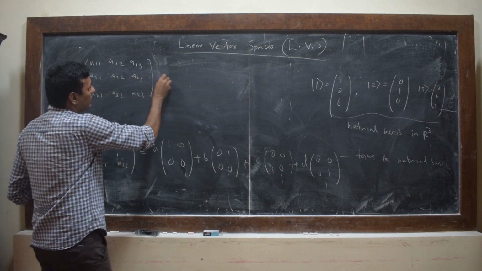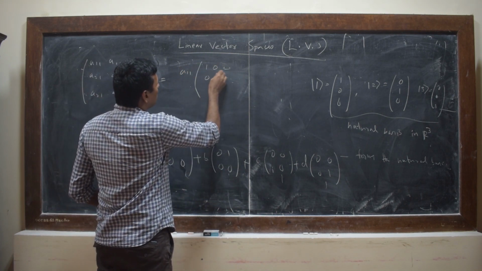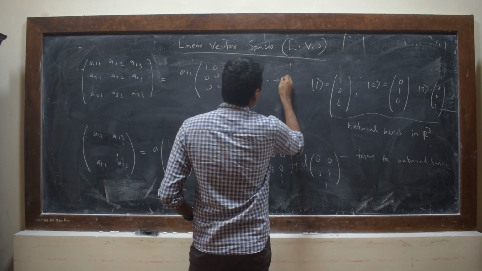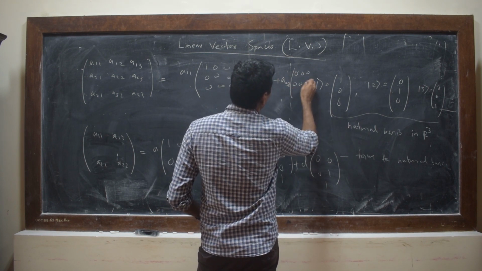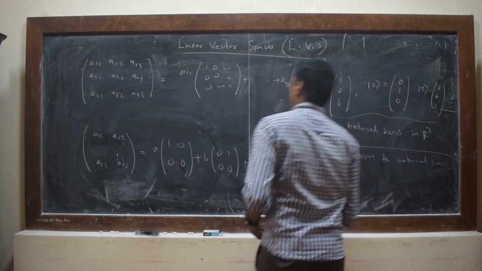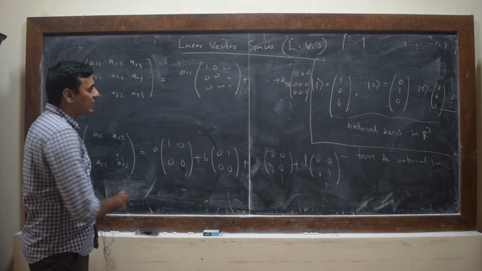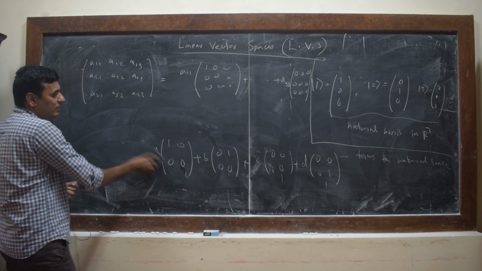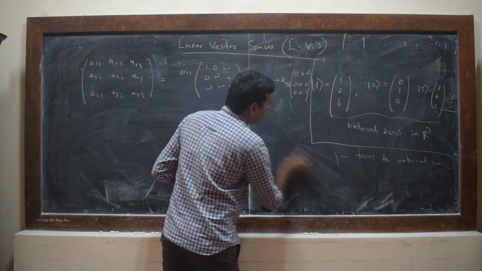Then you can expand this as A11 into the matrix with 1 in the top left and zeros elsewhere, plus etc., up to A33 into the matrix with 1 in the bottom right. The corresponding vector space is a 9-dimensional vector space. So if you have an n cross n matrix, the dimensionality will be n squared.